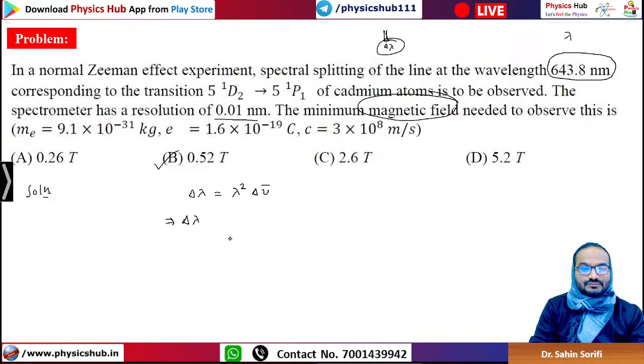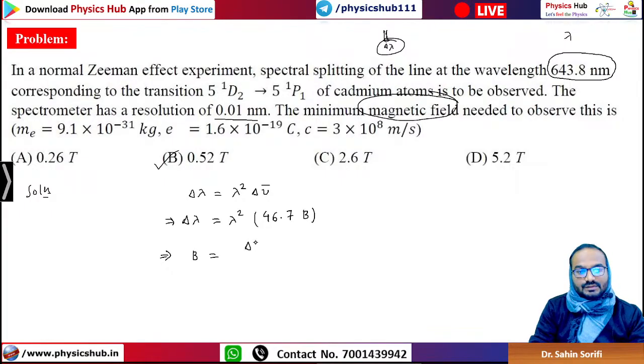So delta nu bar is equal to 46.7 B in meter inverse. Everything will be in SI. What is the value of B?